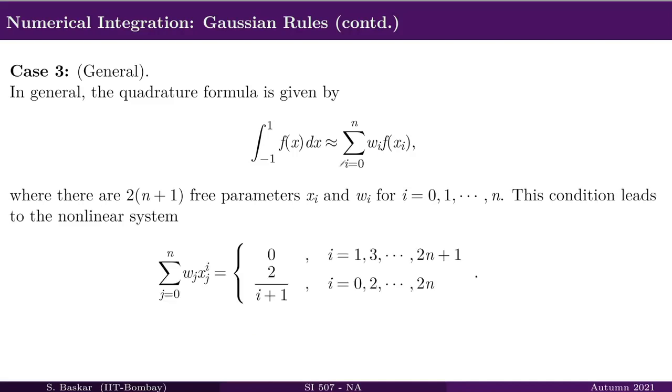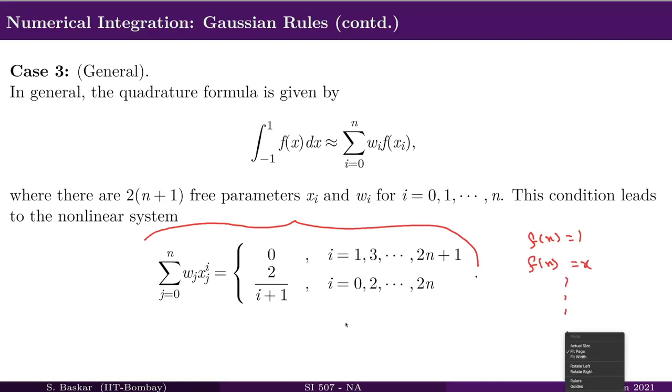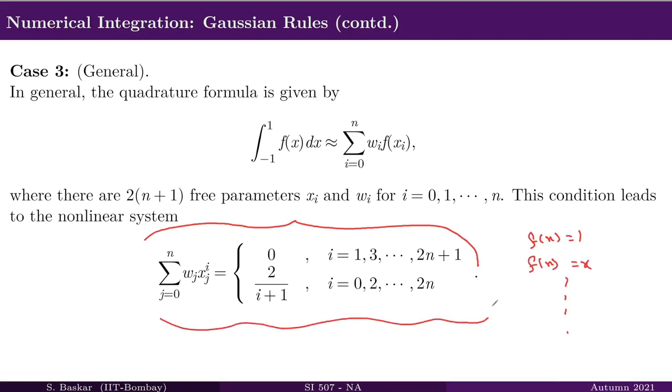In general, the quadrature rule for some given n leads to a system of nonlinear equations of this form. You can just put in f of x equal to 1, f of x equal to x, and so on, and you can see that finally the system of nonlinear equations will look like this. How will you solve it? Well, that is very difficult. So let us just be aware of such things, but we will not go on to solve them.